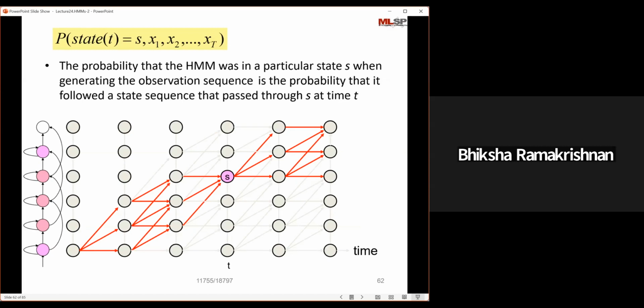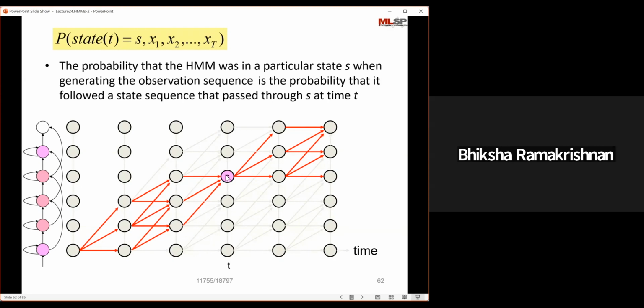If I go back and look at the trellis, the probability that this process visits some state S at time t and generates the observation sequence is the total probability of all paths through the trellis that go through state S at time t.